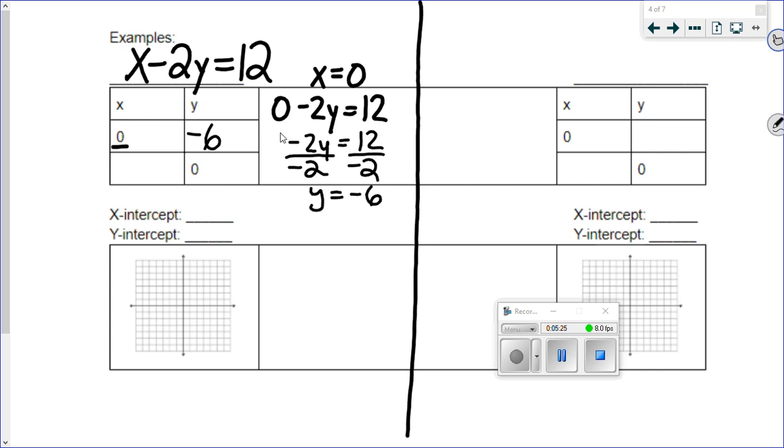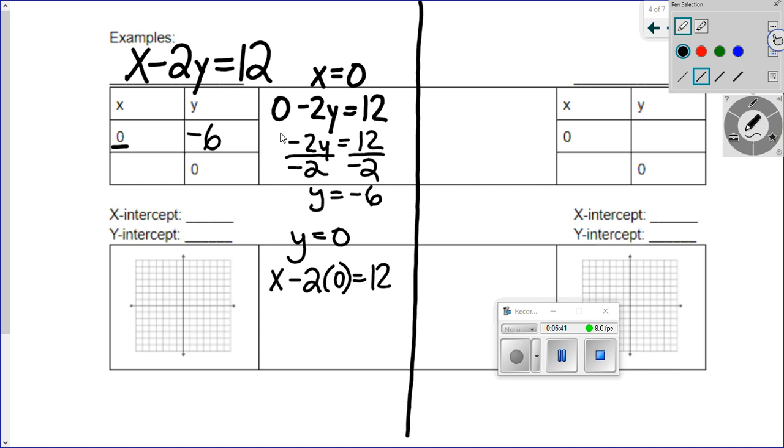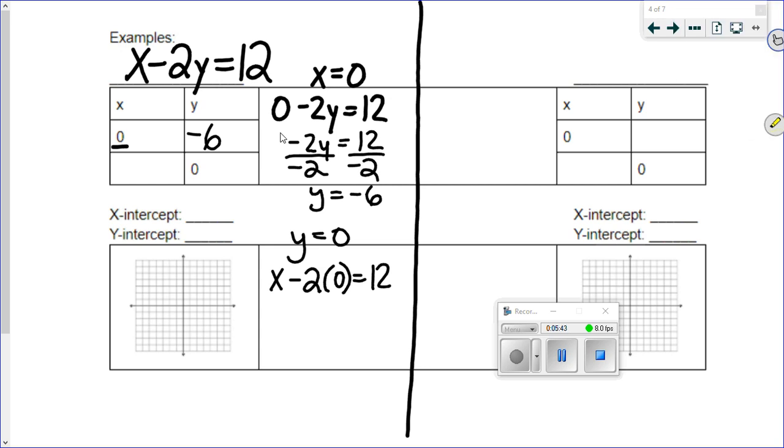The next step tells me that I need to make y 0. So down here, I will do my work for when y is 0. So I have x minus 2 times 0 equals 12. I went back to the original equation. I will highlight that. This is the equation that you go back to when you substitute.